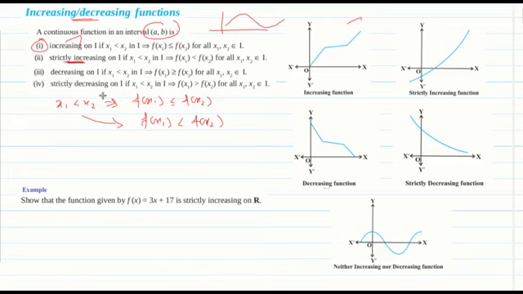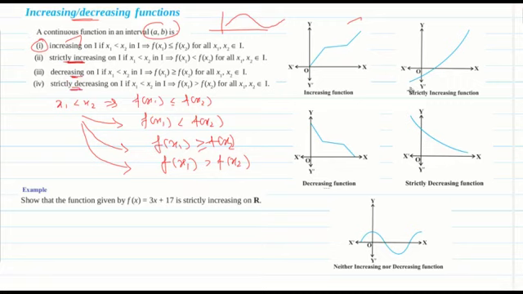That's what. Next, I am taking the same way x1 less than x2, but I am getting f of x1 greater than f of x2. But if I put equal to, it means it is just a decreasing function. Okay, but in a similar case, children, it won't be equal at all. f of x1 greater than only f of x2. By this we can say it is strictly decreasing.